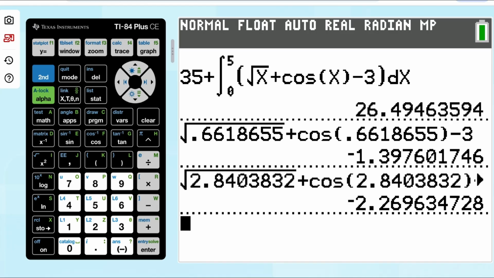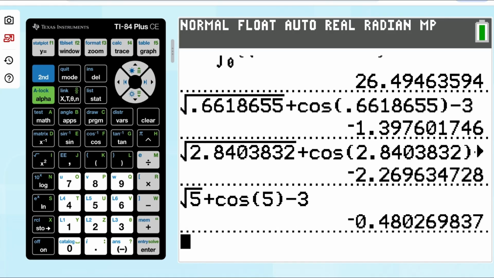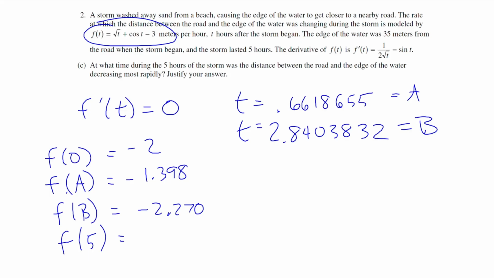And then we'll do the same thing for 5. So we'll do a square root of 5 plus the cosine of 5, and then minus 3, and that is negative 0.480. And so now we can see that the minimum here is at f of b.